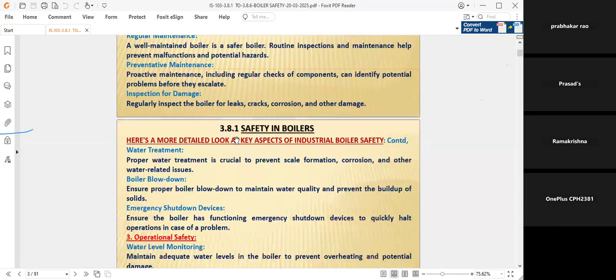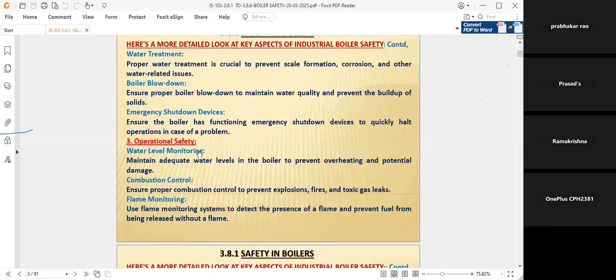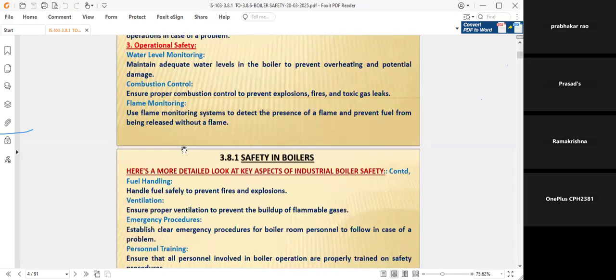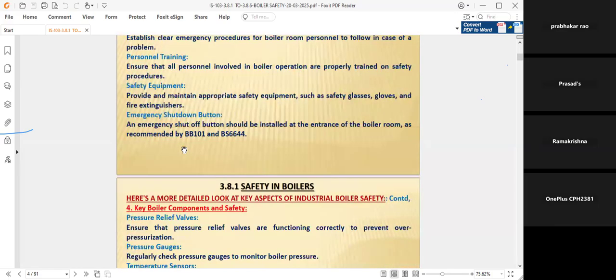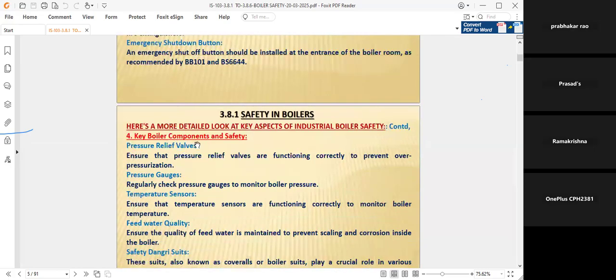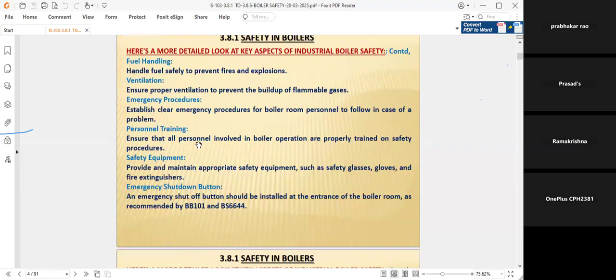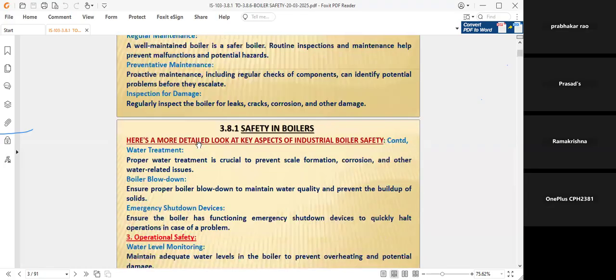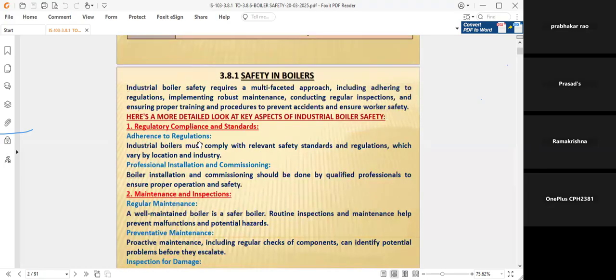The third one is operational safety, and the fourth is the key boiler components of safety. These are the four important things, coming in the following slides.